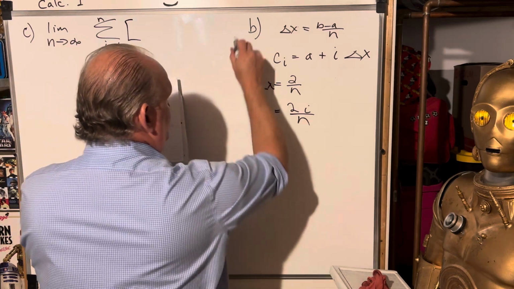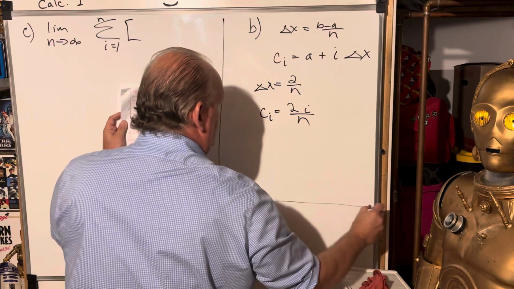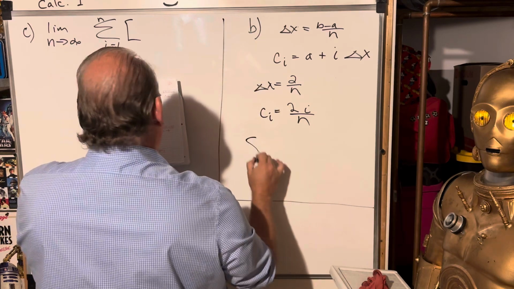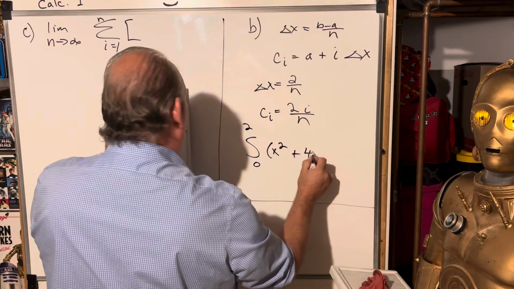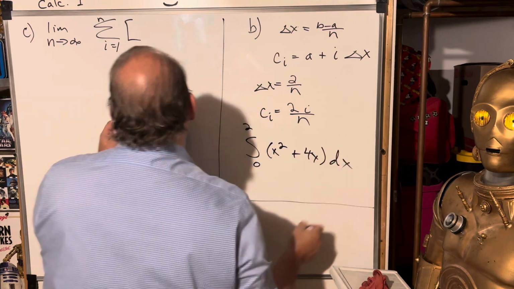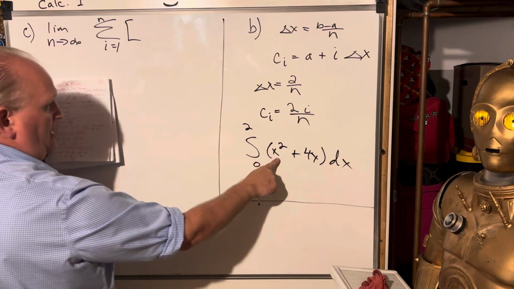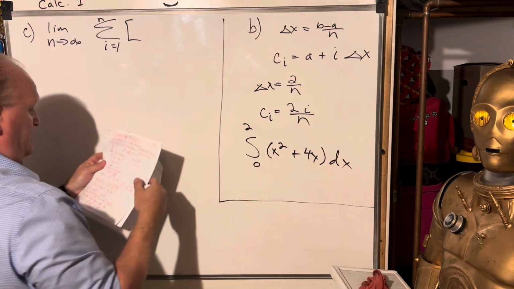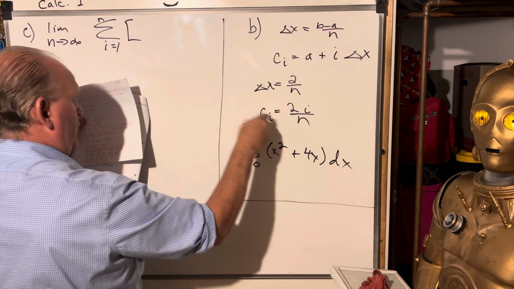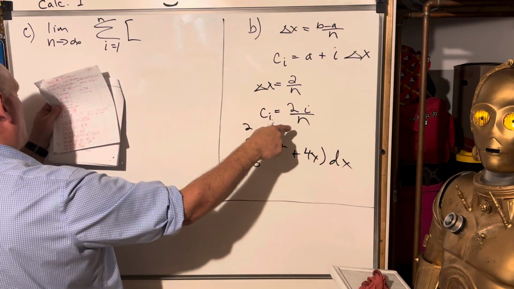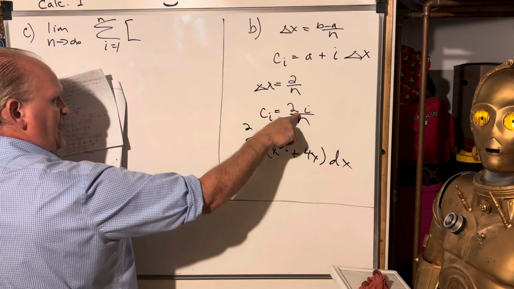So I'm going to write that down over here for reference. The original problem was the integral from 0 to 2 of x squared plus 4x dx. So we're going to put in 4i squared over n squared. That is that squared.